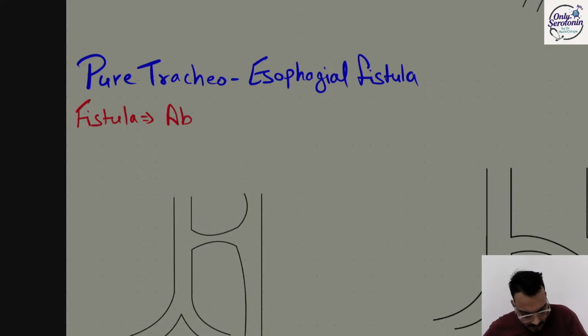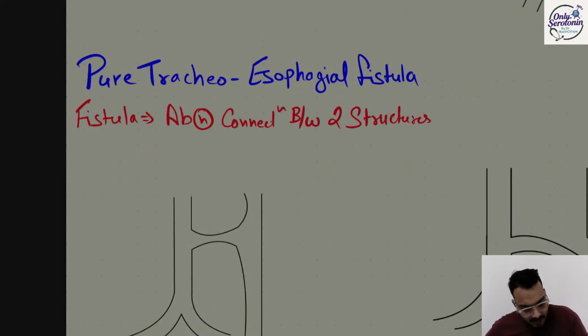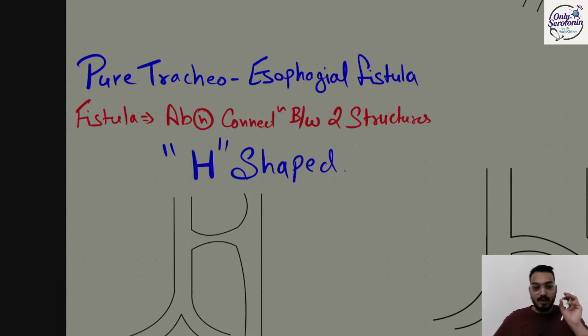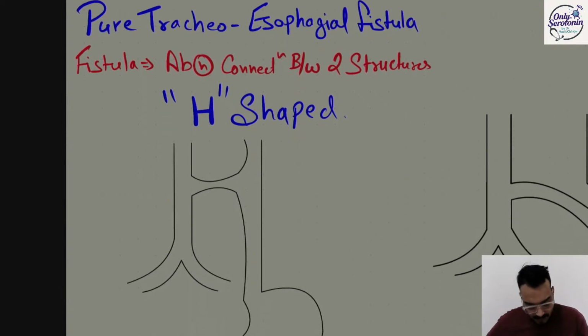Fistula is abnormal connection. It is abnormal connection between two structures. And here this fistula will be of which shape? This fistula will be of H-shaped fistula. We call it pure tracheoesophageal fistula. Done, guys?